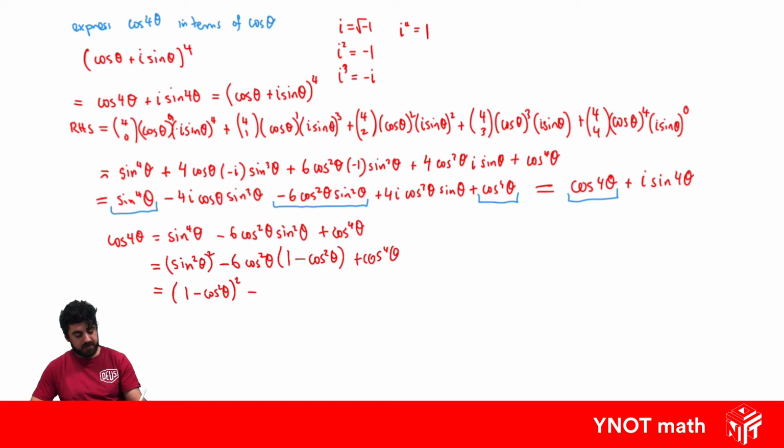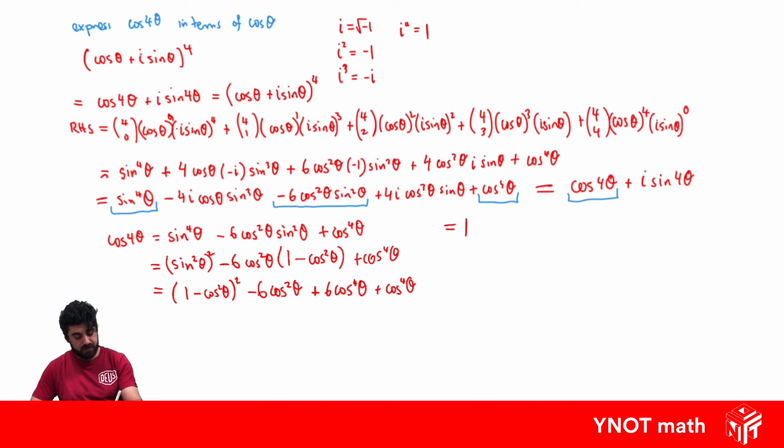So the minus 6 cos squared times 1 is minus 6 cos squared theta. Minus 6 cos squared theta times minus cos theta is plus 6 cos to the 4 theta. And we have our plus cos to the 4 theta. Let's keep going. We've got this binomial squared, so let's expand it out.